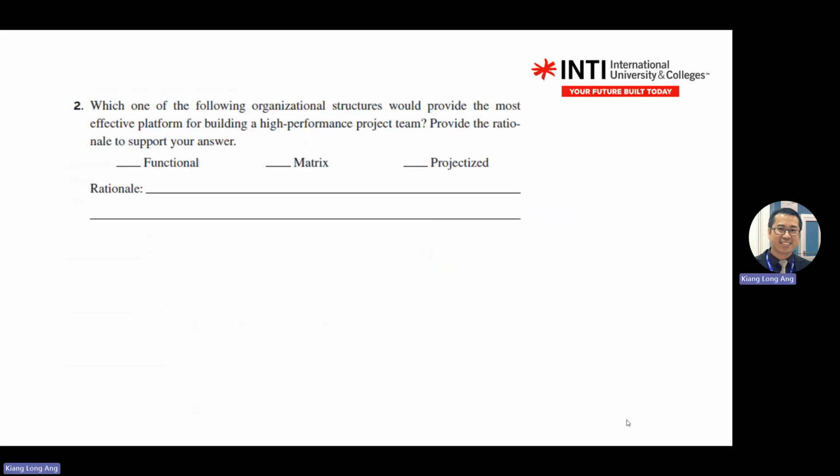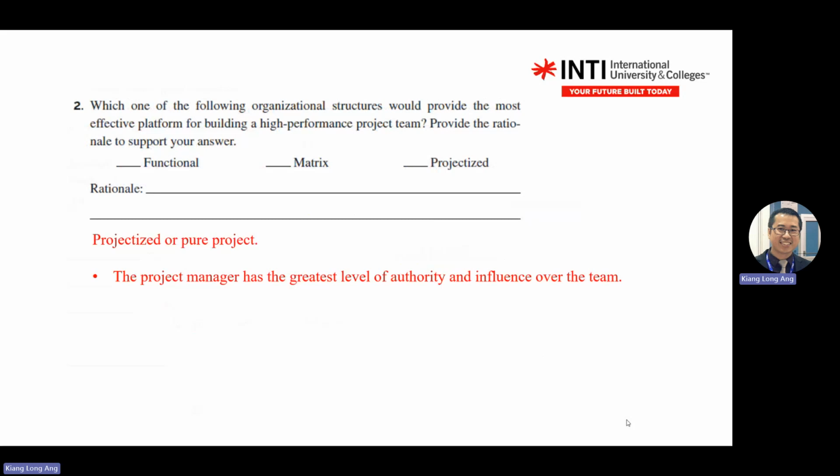Authority. What happened to authority in the project team? Because of the priority of pure projects, so again, you look at the authority component and elaborate on that. If we projectize, then it is the project manager.